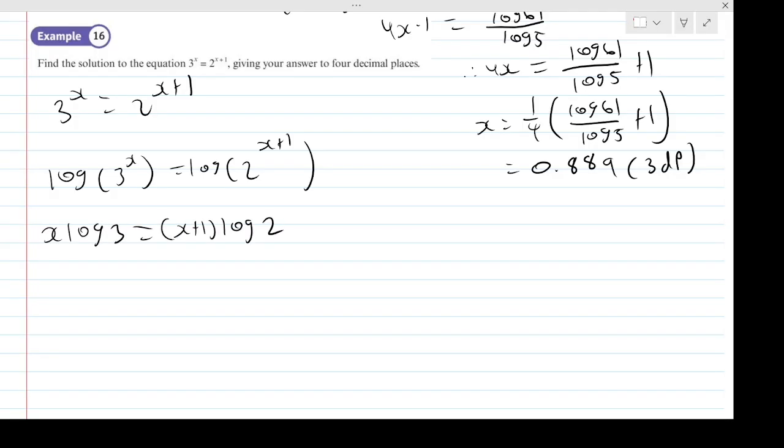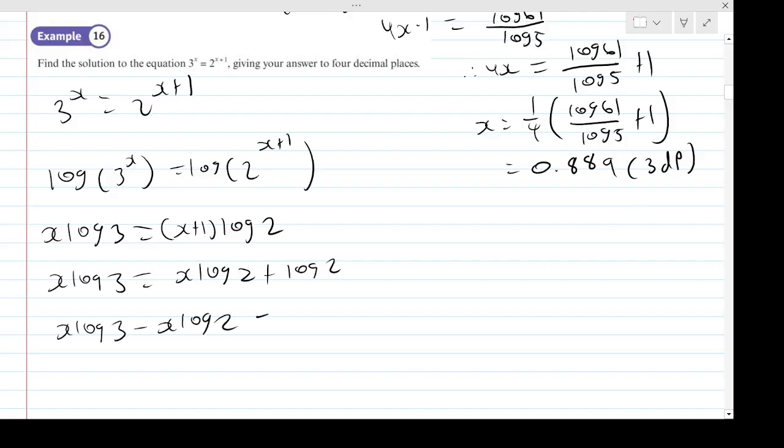And at this point we just essentially rearrange to get x on its own. If I expand this firstly, x log 3 will be x log 2, add 1 log 2, that's just log 2. And so then I can move this to the other side to get x log 3, take away x log 2 is equal to log 2.